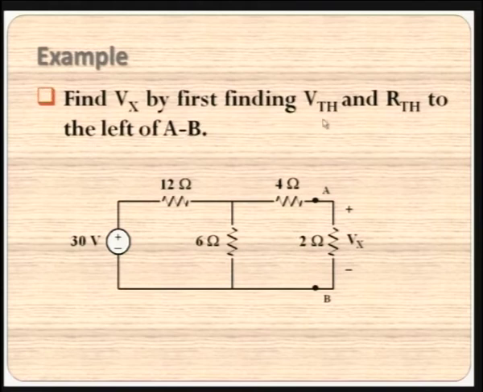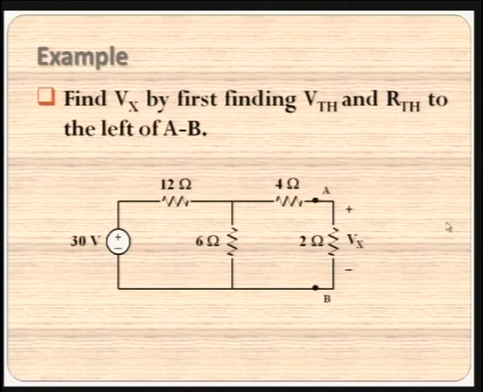So, the problem itself suggests you first find the Thevenin voltage. Here, instead of E, we take it as V, but it has the same meaning. It is the Thevenin equivalent voltage source and Thevenin equivalent resistance.